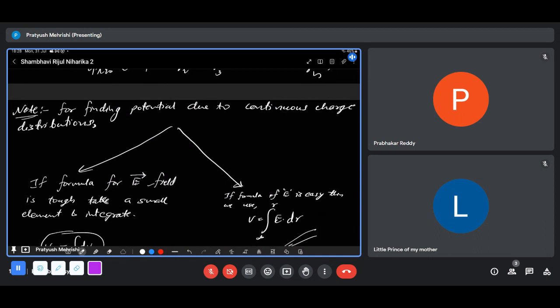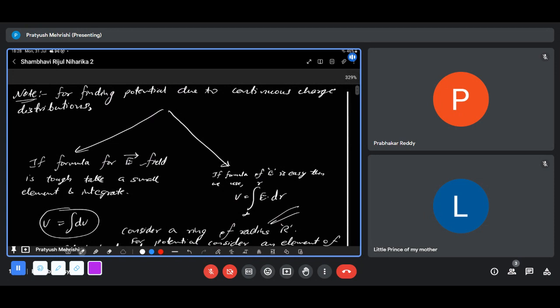Then we will follow two ways for finding potential. First of all, always remember, if the formula for electric field is very tough, then we will take a very small segment and then integrate. Means first we will calculate the potential due to a very small element and then integrate. But if we know the electric field, then potential is the integral of E dot dr. Then we will use this formula, electric field dot dr, and then integrate it.